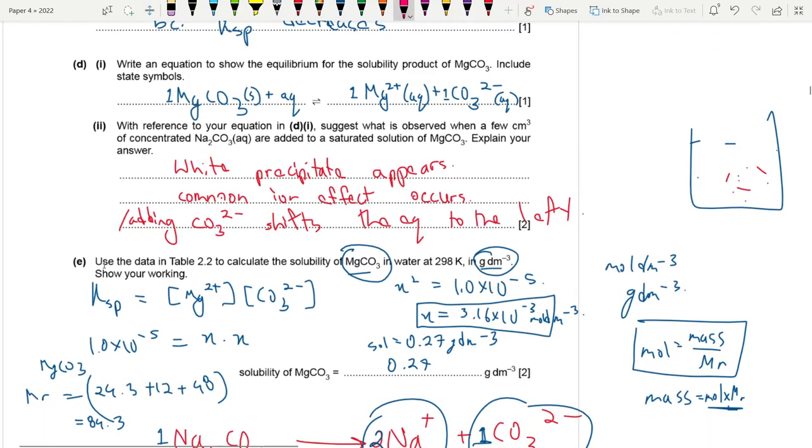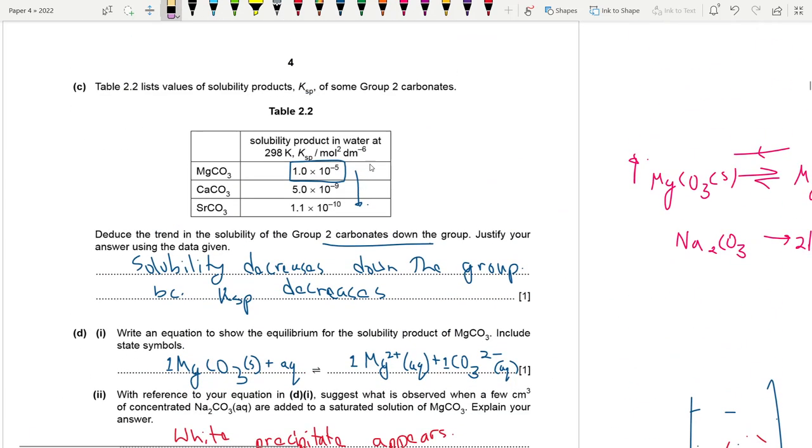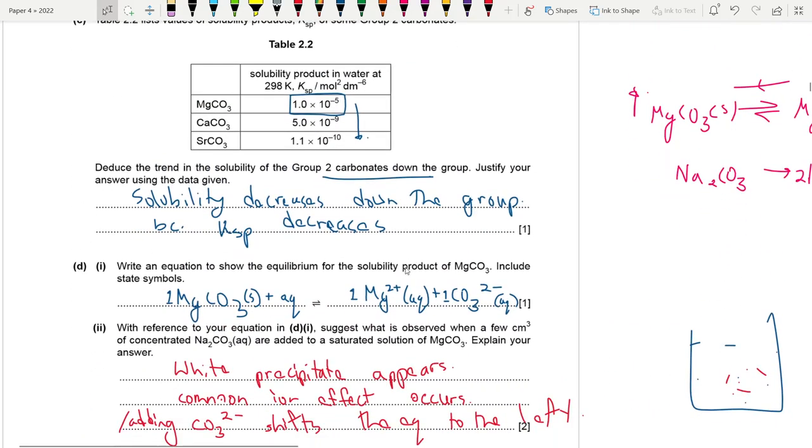Calculate the solubility of MgCO3 in water in grams per dm cube. So we need to find out the solubility. We have the Ksp given, it's 1 into 10 to the power minus 5. This is x, this is x, and this is also equal to x, because they all have the same molar ratio.